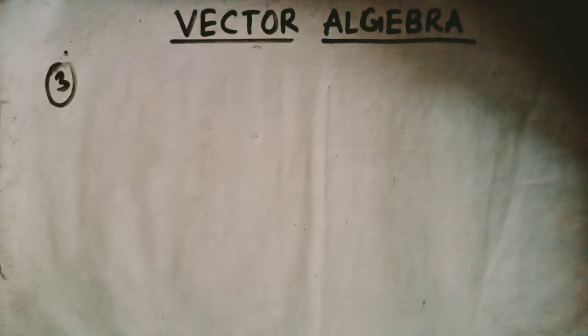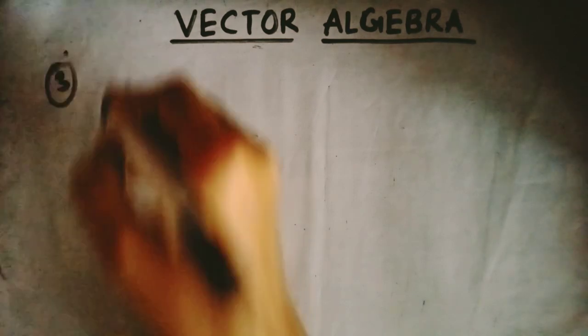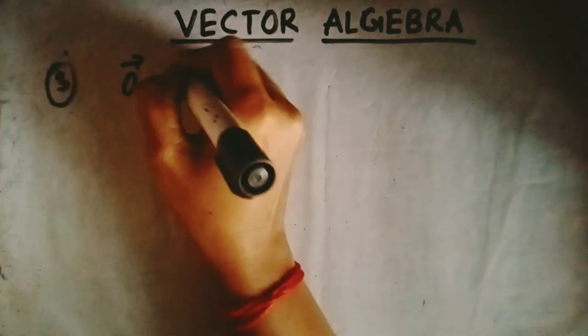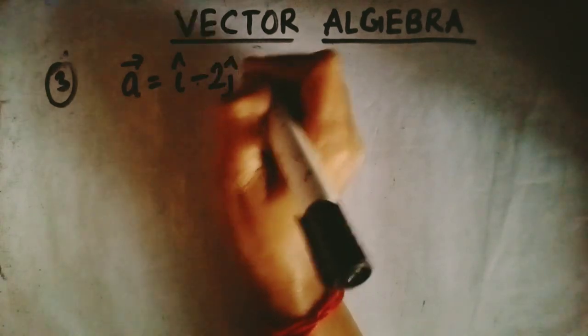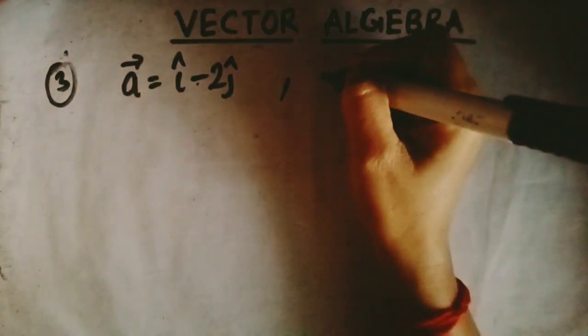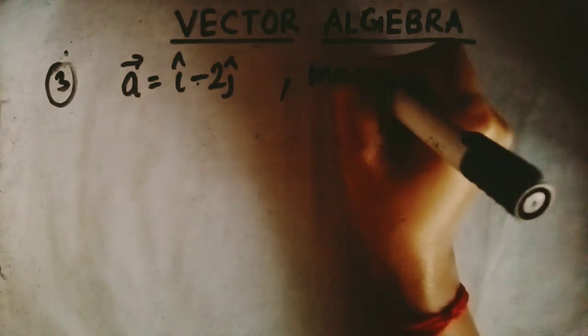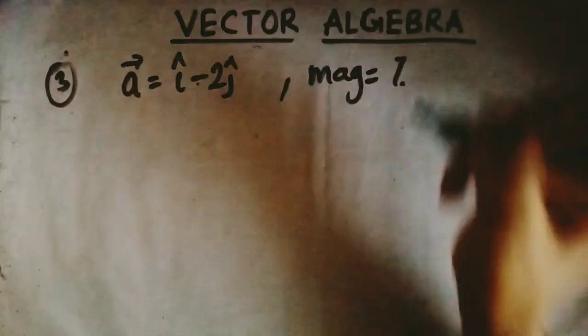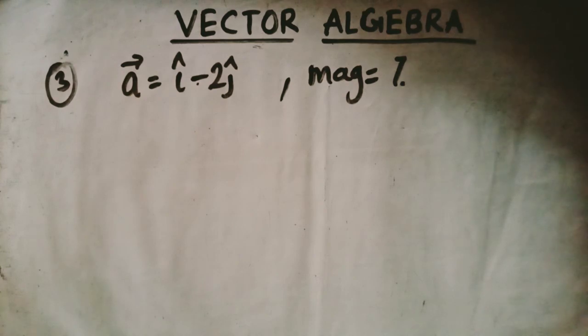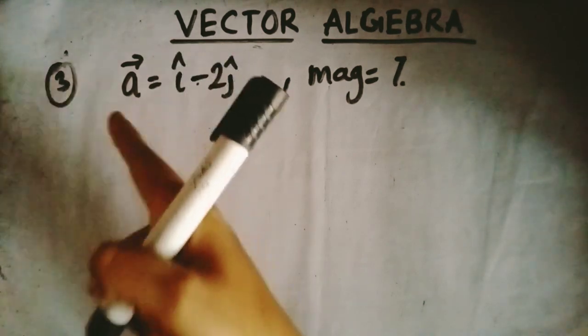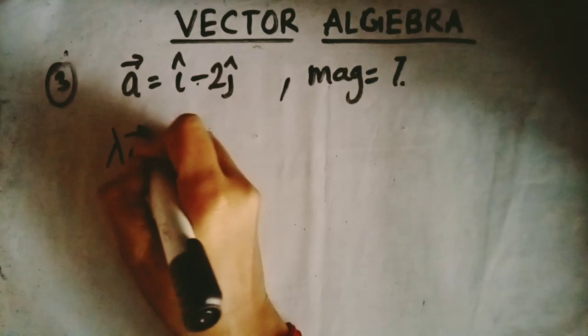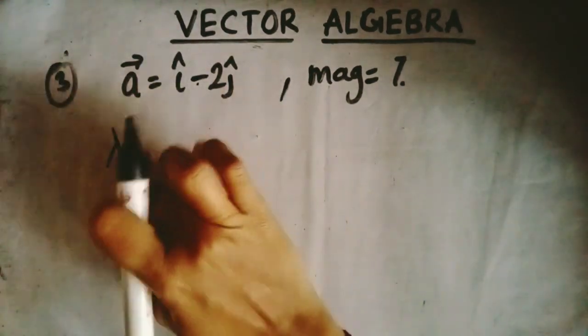Let's solve another question. So find a vector in the direction of the vector. Okay, direction of the vector they have asked. Vector is i minus 2j and has magnitude 7 units. So here some value is given, that is magnitude. So its value is given. Okay, so you have to find a vector having magnitude 7 in the direction of a. So here you have to use that lambda into a cap form.